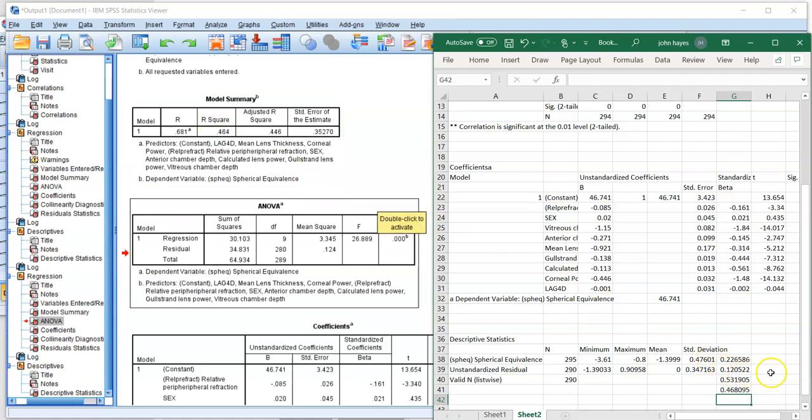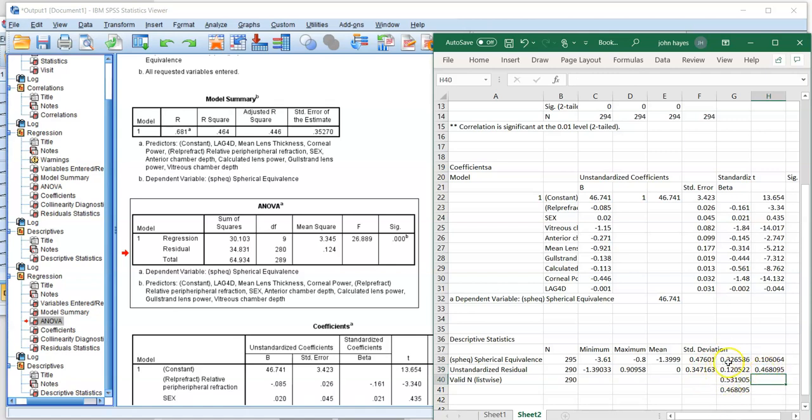So we could also say if we took this variance and subtracted out the residual, we would end up with the proportion of the variance that's accounted for by the model, and dividing that by the total is also 0.46.